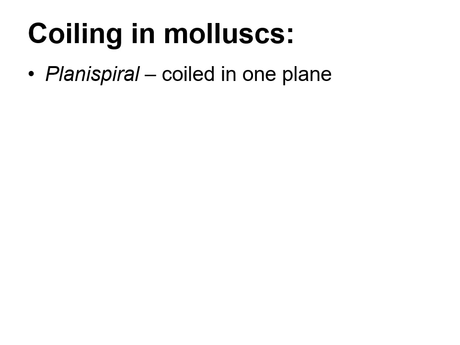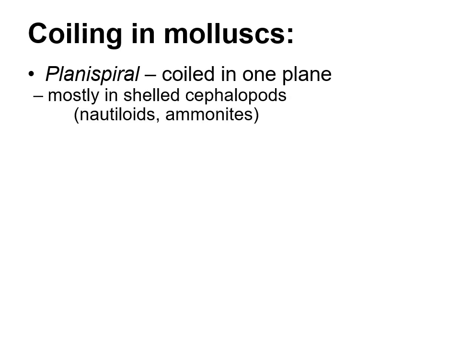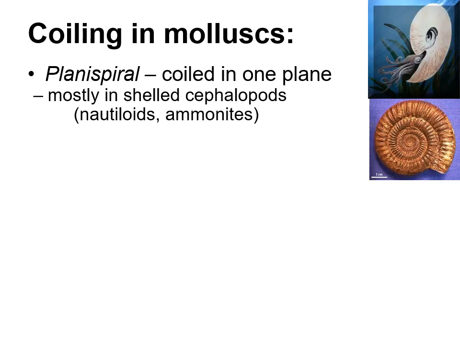Think of this as if you were to take a piece of rope and coil it into a flat disc, like a coaster. This is what we see with a lot of our shelled cephalopods. The nautiloids, the ammonites, they have a spiraling that happens. Each loop is directly over the next one. So that's what we see in these cases.